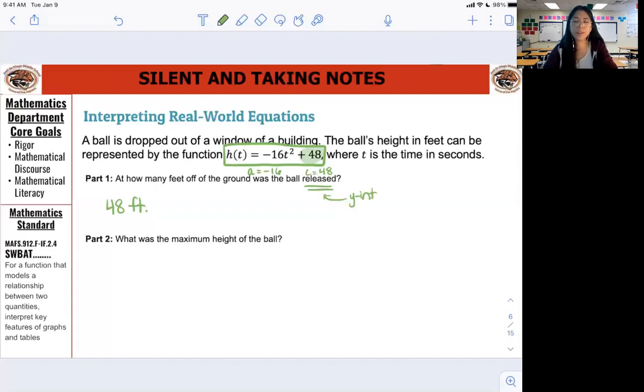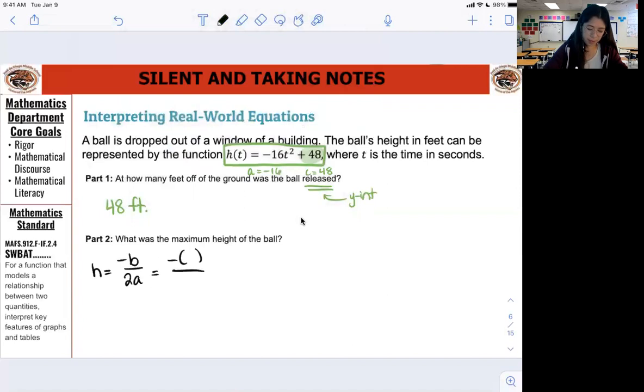What form is it written in? Monomial. It's not monomial, actually. Oh, it's standard. Oops. It's a binomial, but it's in standard form. So do I know the vertex? No, right? Because it's in standard form. So we got to figure it out, same as before. h equals negative b over 2a.